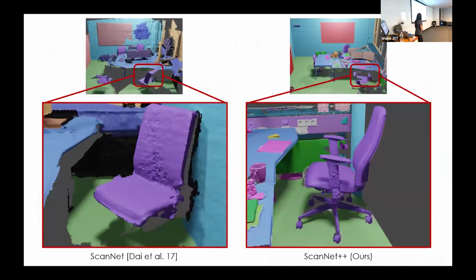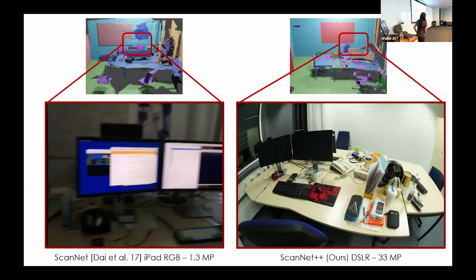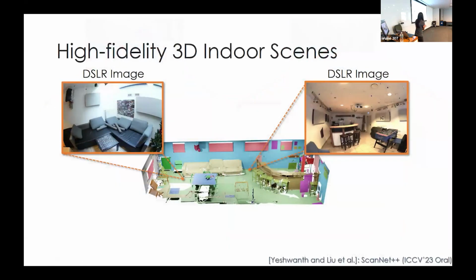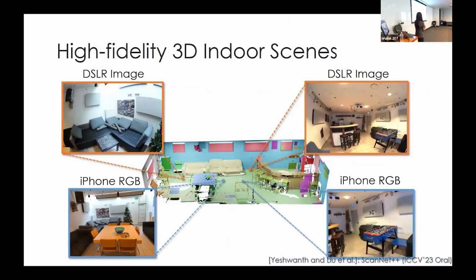In fact, that translates to not only these kind of small objects that you see on the desk, but we're also capturing much higher fidelity appearance. And this is a DSLR camera in the capture setting. So this is much better than this, which is a very old iPad RGB color camera from a video stream. So this capture setting is high-end in terms of geometry and in terms of DSLR color appearance, but we also do have the iPhone capture to represent the more commodity sensor stream from capturing this kind of setting.